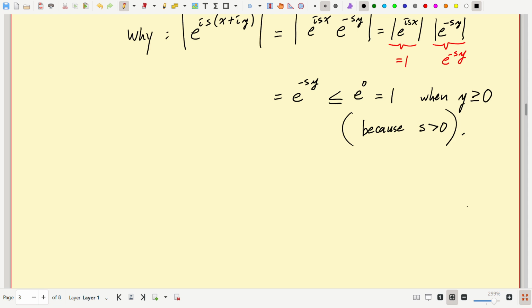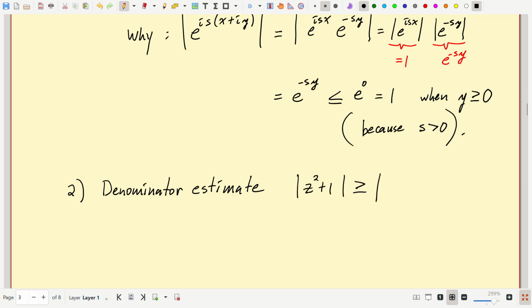And now I claim that for the thing in the denominator, I've got a 1 over z squared plus 1, so I want the denominator estimate that I used when I did the fundamental theorem of algebra, for example. The modulus of z squared plus 1 is greater than or equal to modulus z squared minus modulus 1.